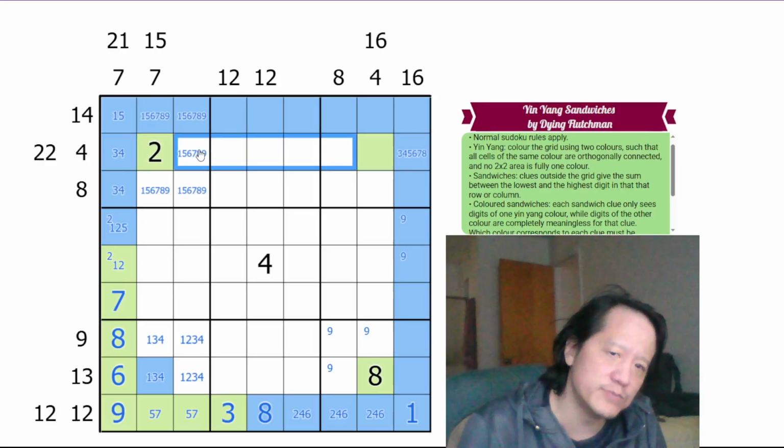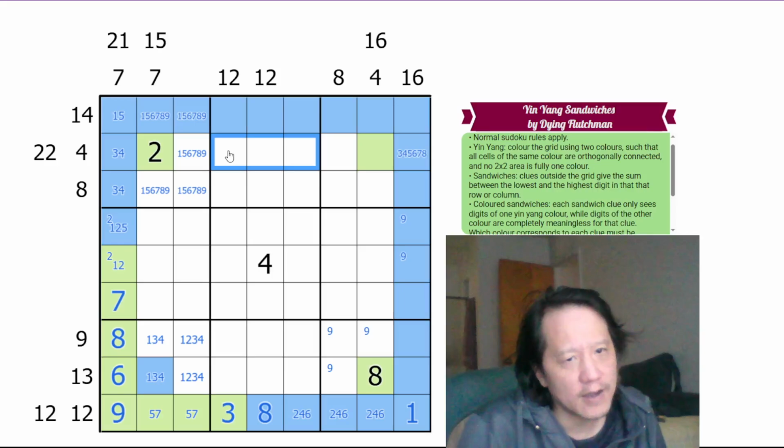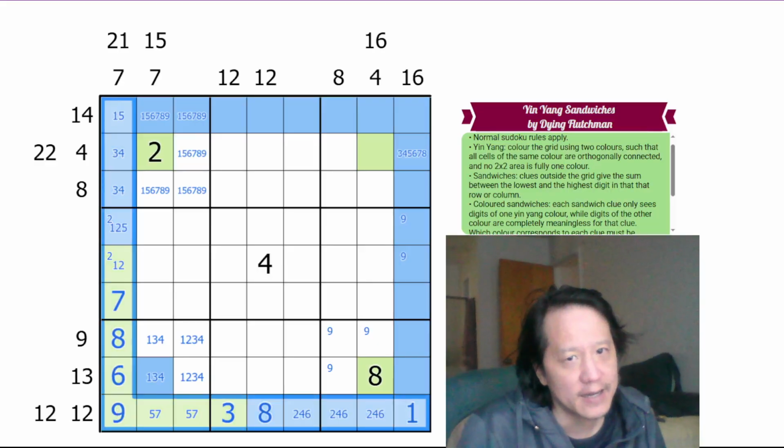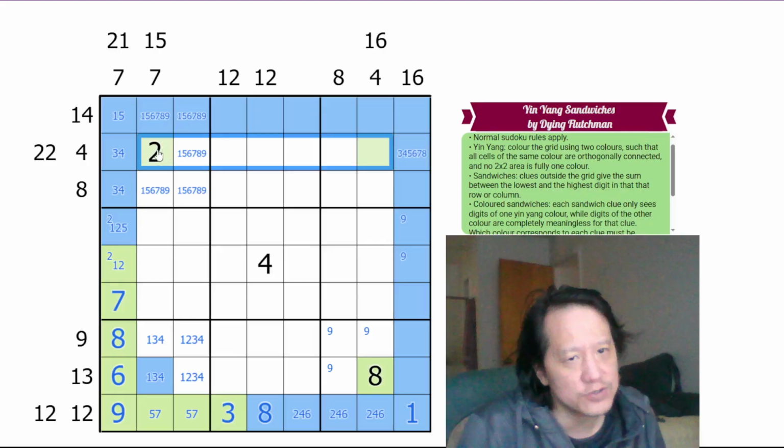Because the digits in between, of the same color, have to add up to the sums. It's not a problem for column 1 and 9, but obviously there's going to be some interesting aspects for, like, row 2.